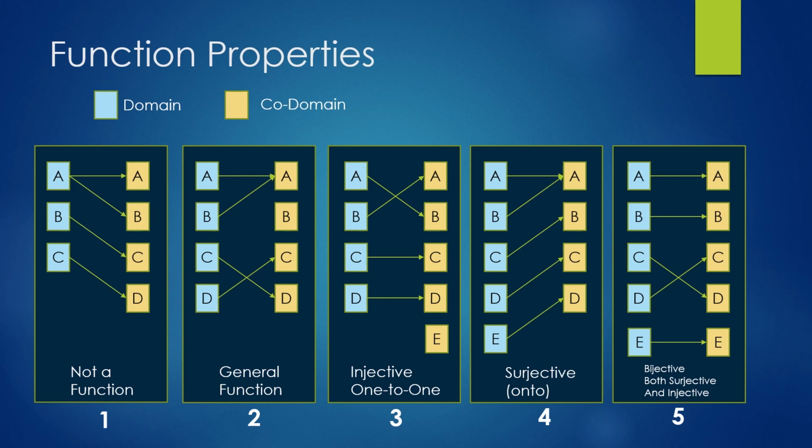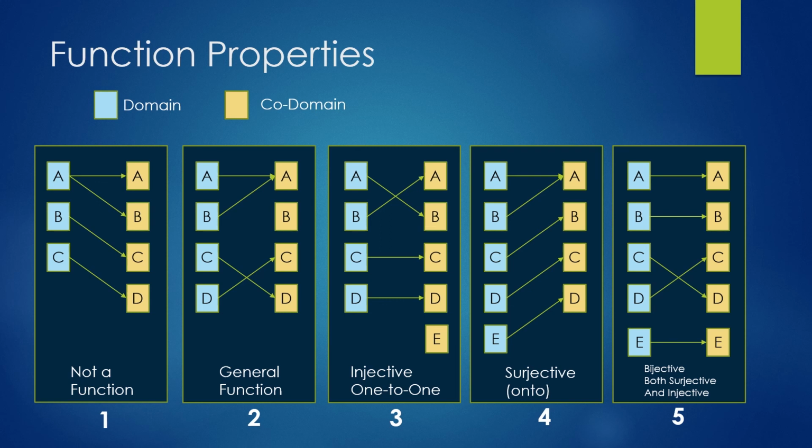For the function in column 1, you see that A produces either an A or a B. So some side effect must be coming in and making that determination of which it's going to produce. And therefore it's not a function. That doesn't mean it's invalid.